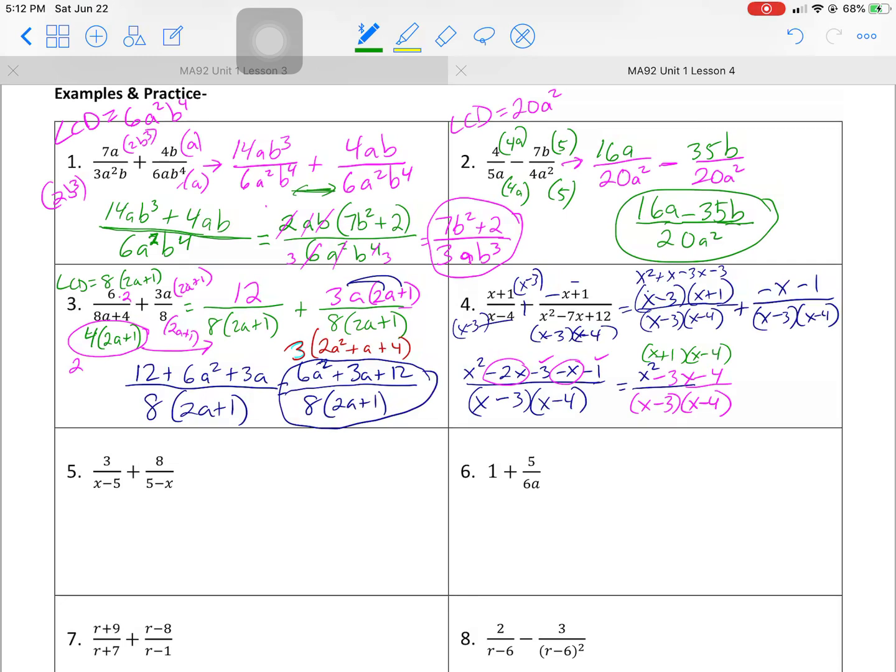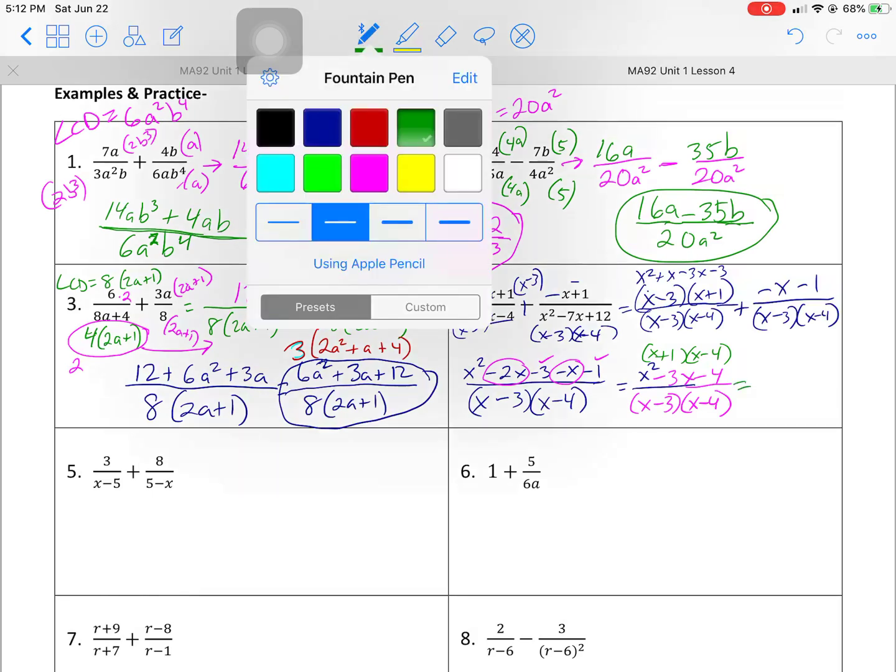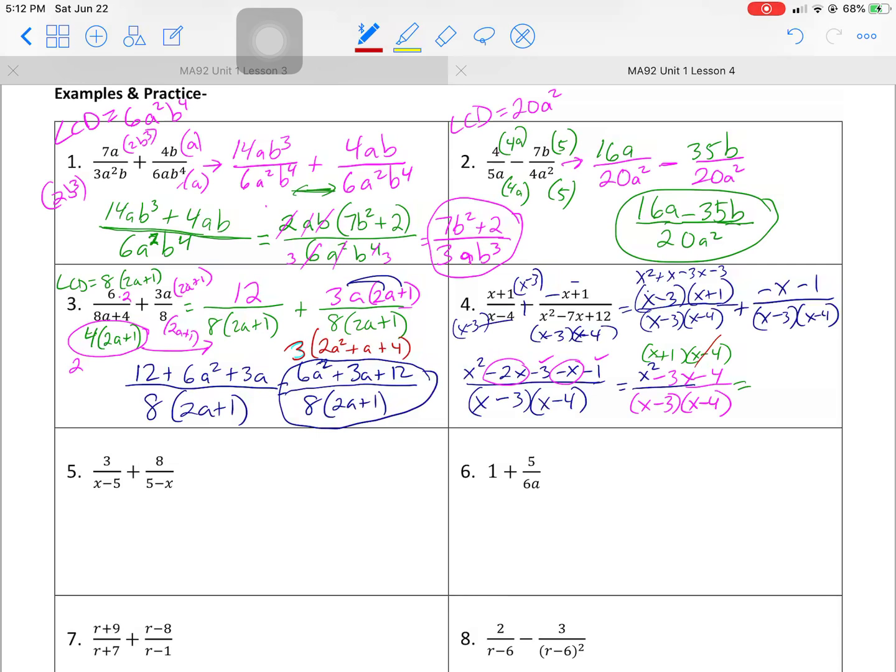It does. And then, look here. This one and that one come out. So my final answer is x plus 1 over x minus 3. Make sure that's correct on the key here.